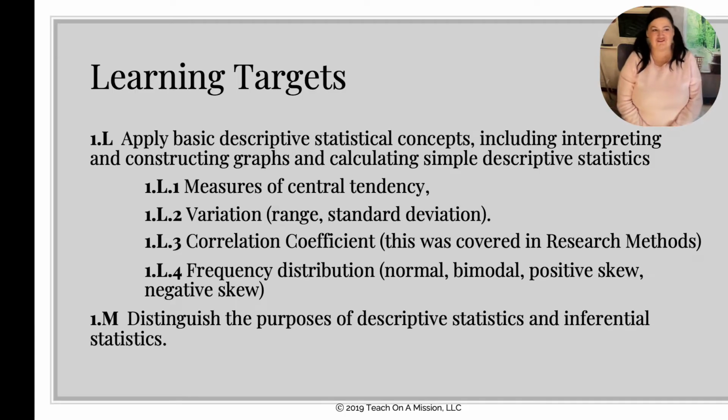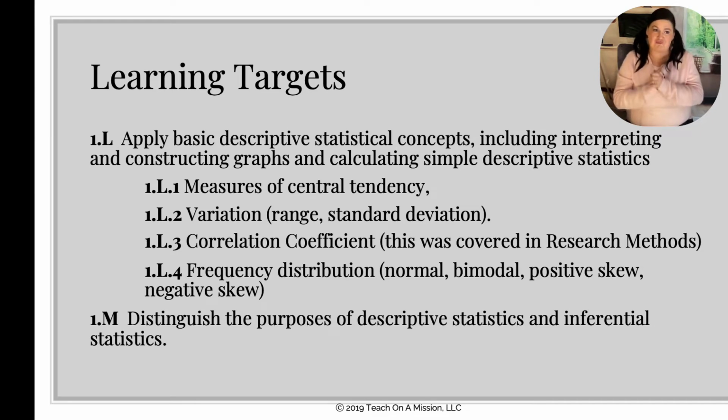Our learning targets for today, as you can see, are pretty long again. I urge you to stop here or go back after today's video and read each one closely so that you can start getting more familiar with exactly what the AP College Board is going to be asking of you in terms of what you need to know for the entire year.